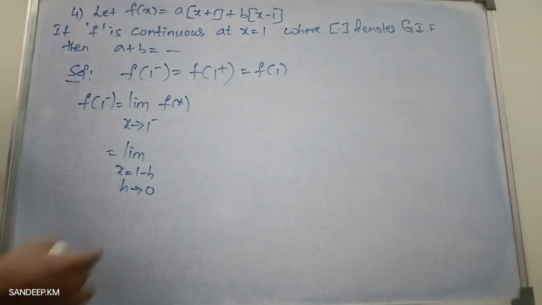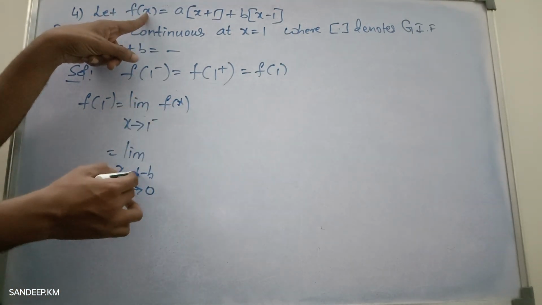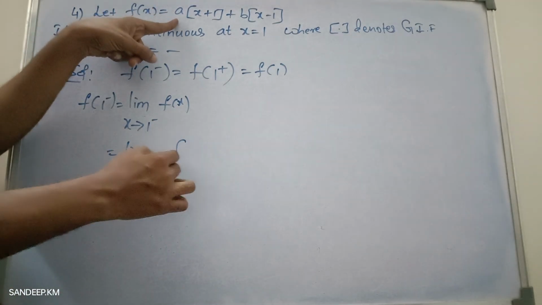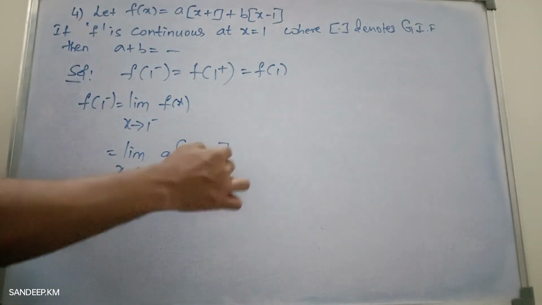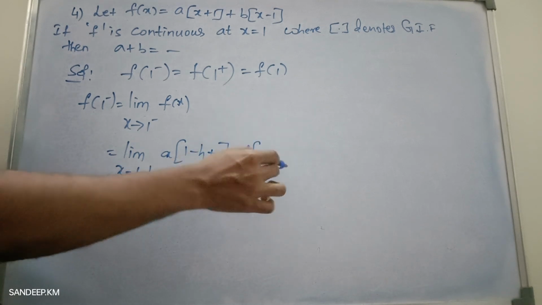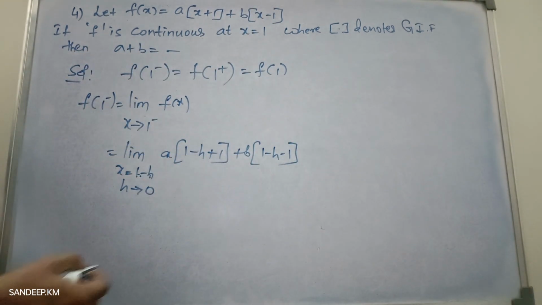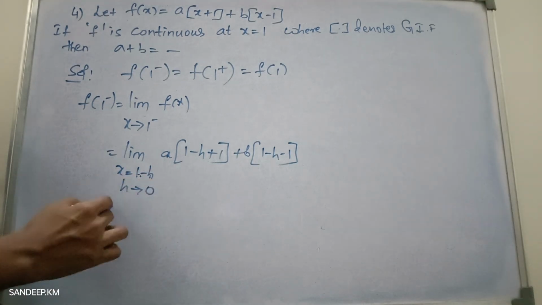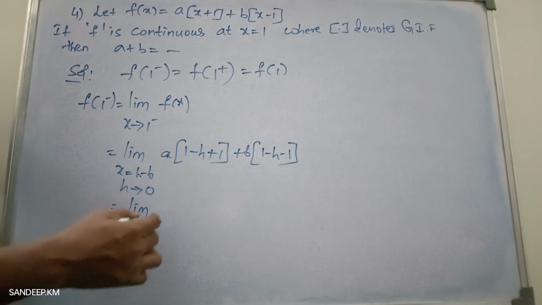Then in the function f of x, instead of x I will substitute 1 minus h. So a into step of 1 minus h plus 1, plus b into step of 1 minus h minus 1. See dear students, it is equal to limit h approaches 0. What is it, dear students?